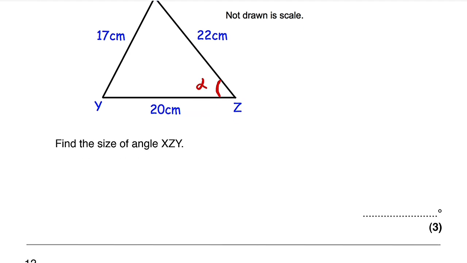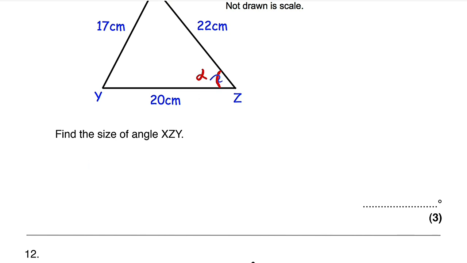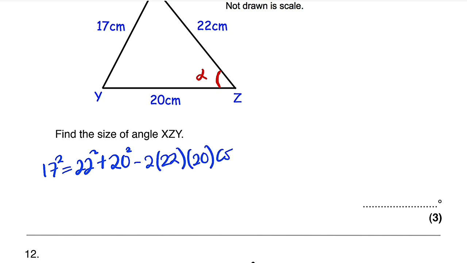So, the side opposite to the angle we are looking for is 17 squared equal to 22 squared plus 20 squared minus 2 times 22 times 20 multiplied by cosine of that angle we are looking for.